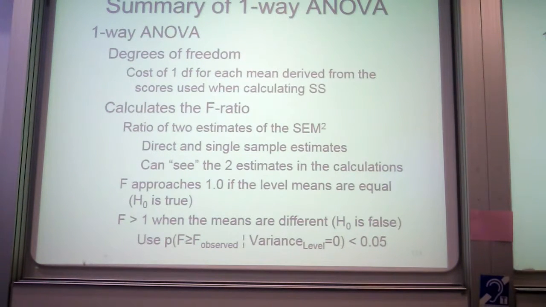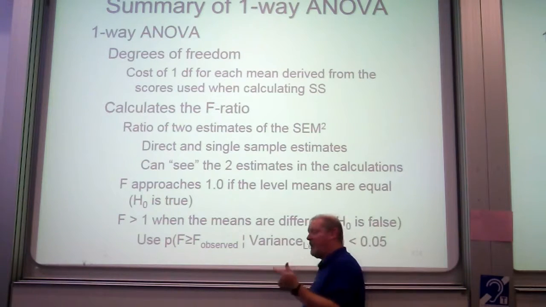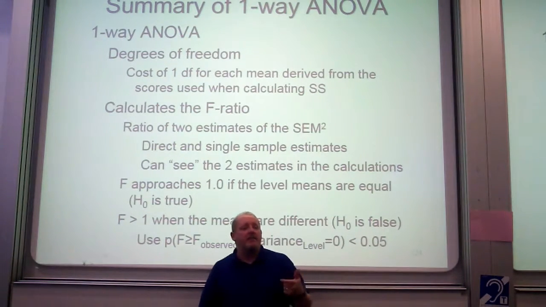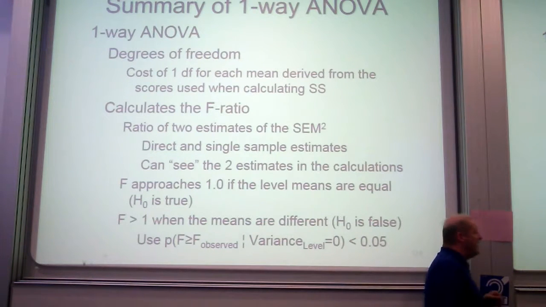F will approach 1 if the level means are equal. That is, if the population means are equal. That value will get closer and closer to 1. And if they're not, it'll get further and further apart.